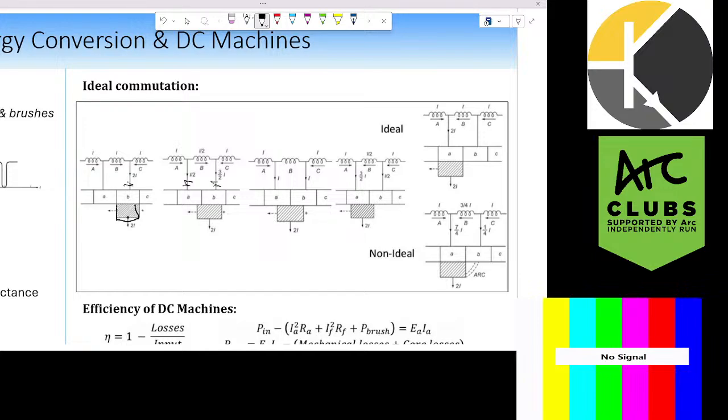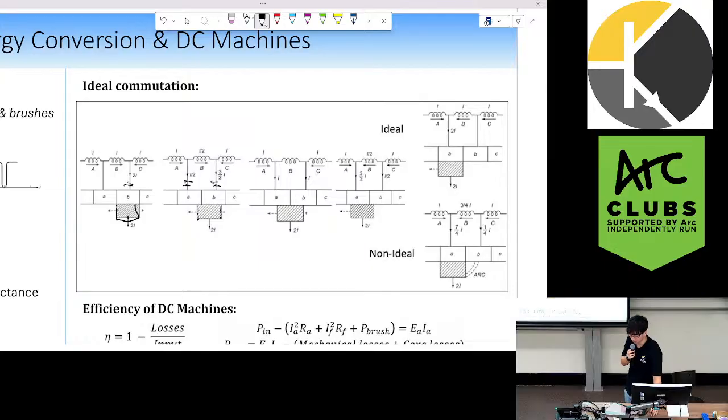As our brush moves between segments, the current will change proportionally. Here we would have a quarter of the current through armature A and 3/4 through B, then half, 3/4, 1/4. Ideally, as soon as we flick over to that new segment, all of our current is already through segment A. But because our coils act as inductors, we have a delay in our current changing.